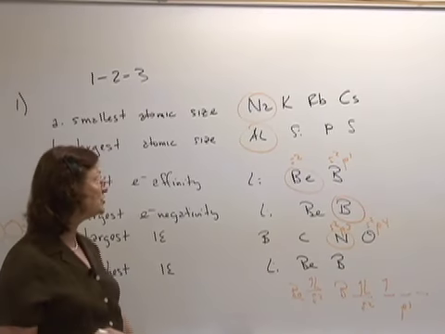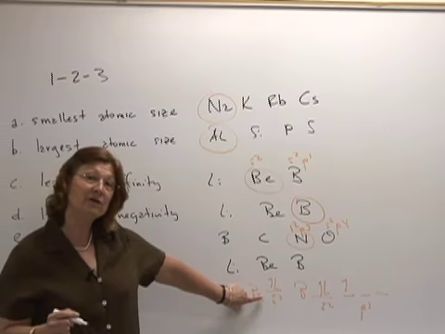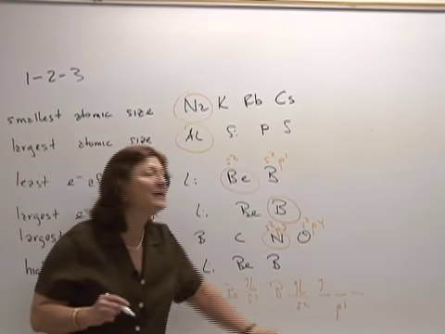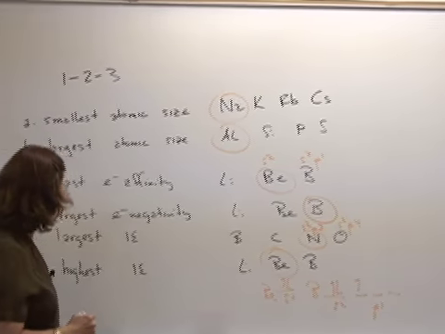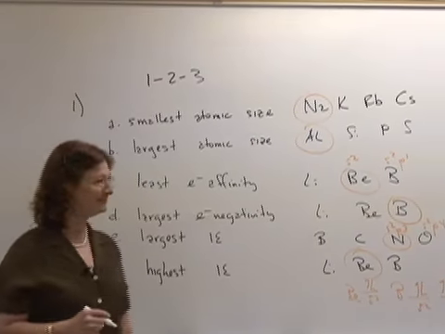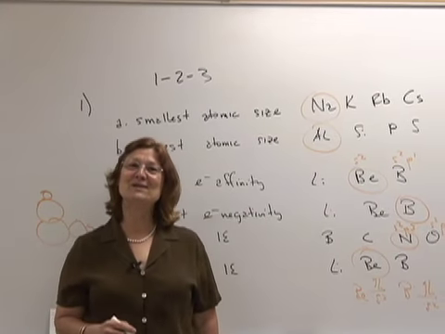And it takes more energy to remove this electron here than it does this lone p electron. And therefore, beryllium is the answer in that case. And that's how you do number 1.